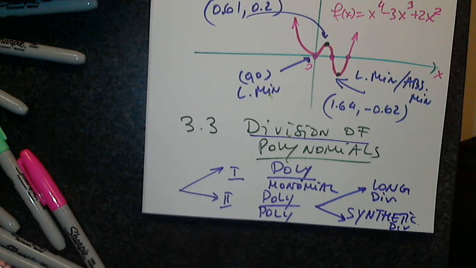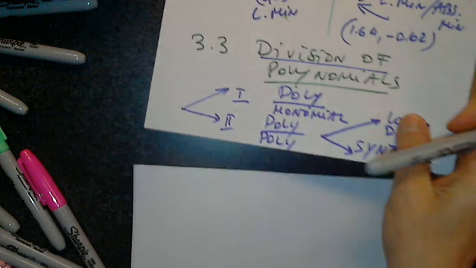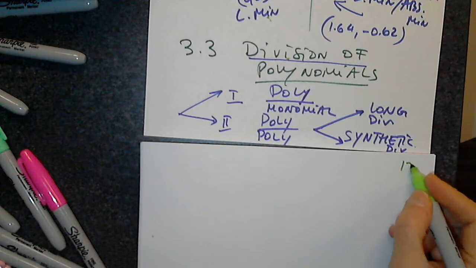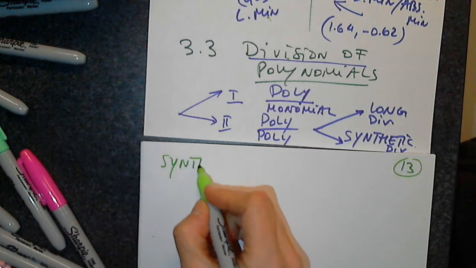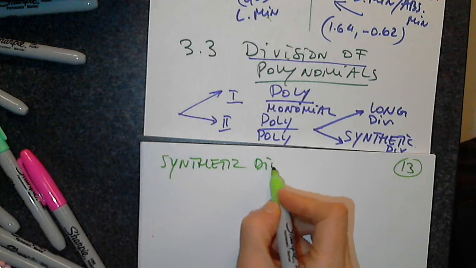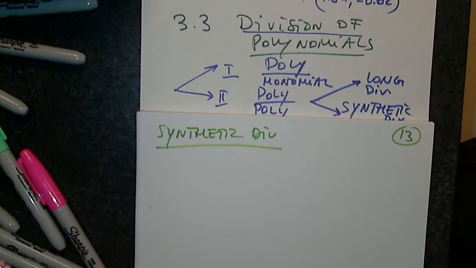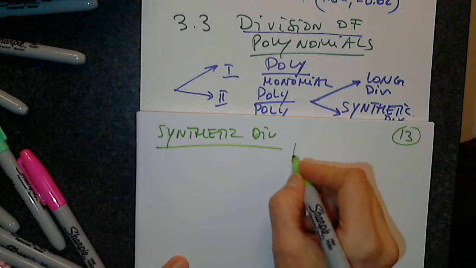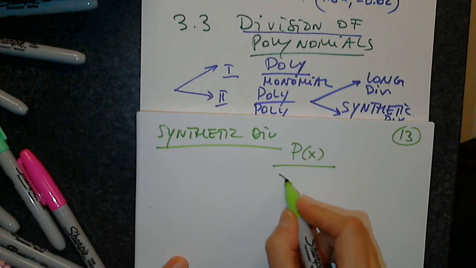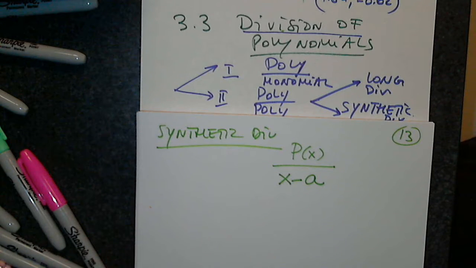Long division can be applied no matter what the denominator is, always. However, the synthetic division cannot be applied all the time. It's specific, so synthetic division is limited in application. Synthetic division is specifically for a polynomial p of x divided by x minus a.